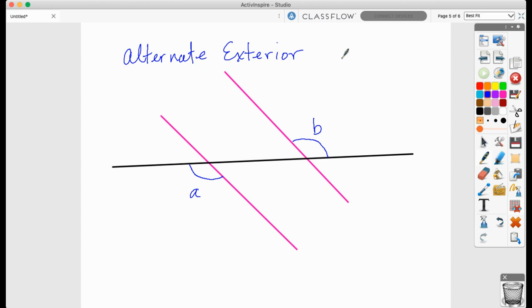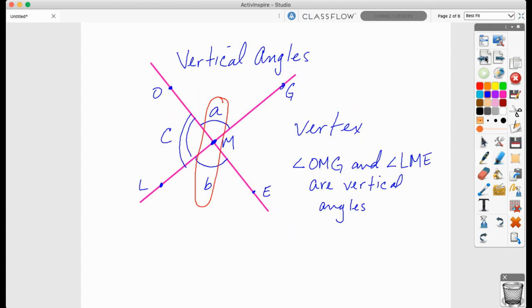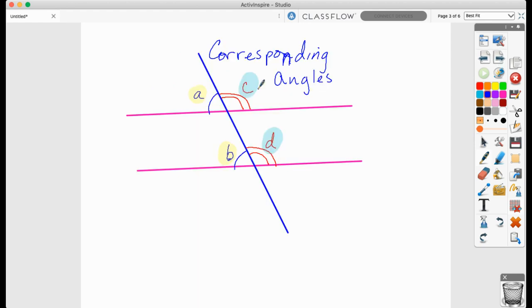Okay, so we have four angle relationships that we're going to be talking about. We have vertical, where they're on opposite sides of the vertex. They are congruent. We have corresponding, where we have two parallel lines cut by a transversal, and they're in the same relative position for each intersection, like upper left or upper right or bottom left, bottom right.